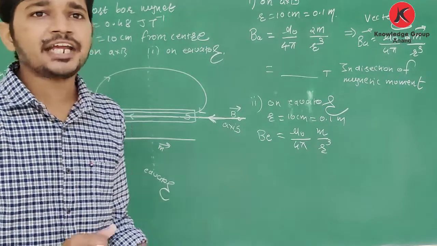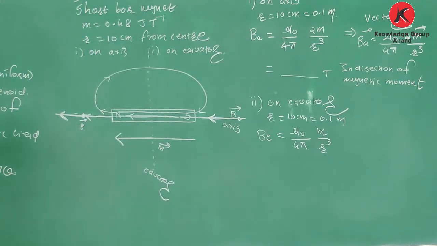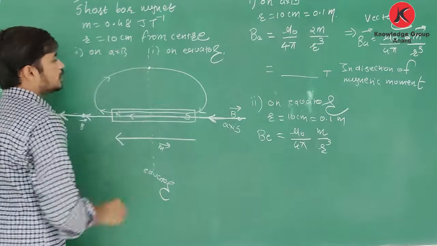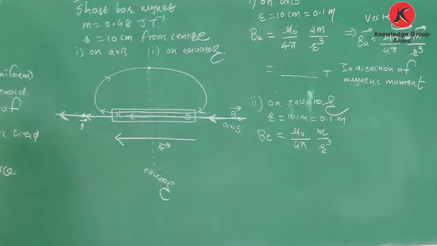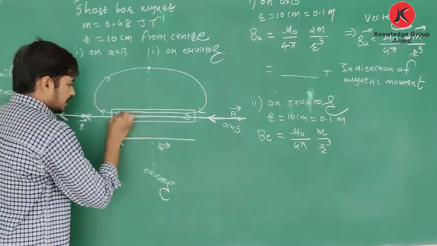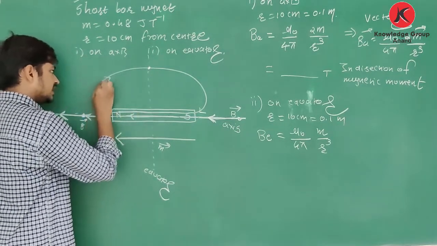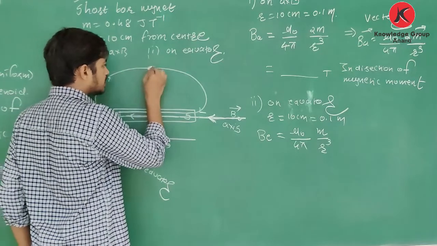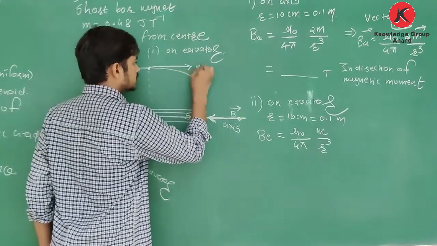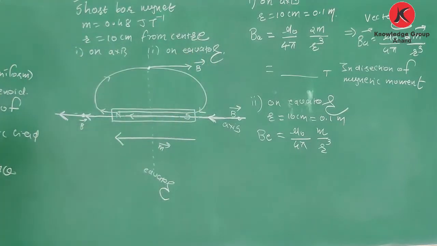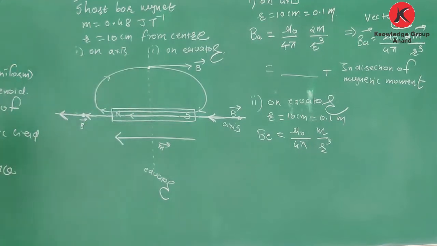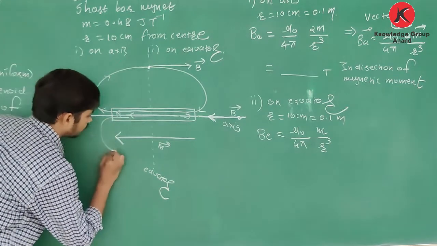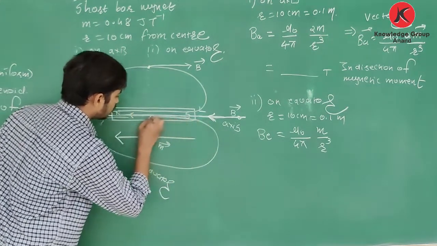The important part is direction. How to find its direction? If the point is on equator, what is the direction of the magnetic field? Here the magnetic field lines are like this. At this point on equator, if I draw the tangent, it is in this direction. The magnetic field on equator is in this direction. Clear about this? If you say the magnetic field is in this region below the magnet, then don't worry.